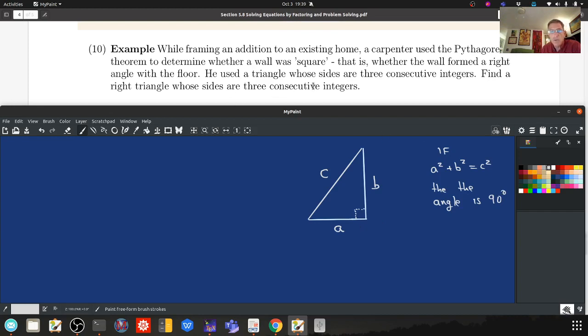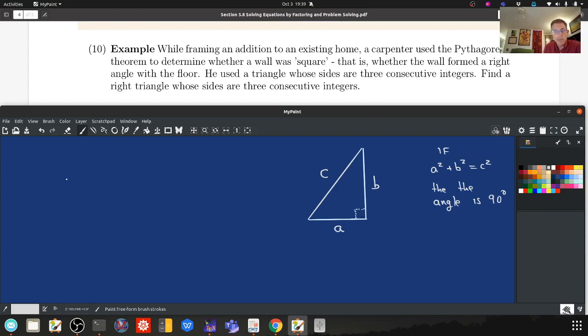So he used a triangle whose sides are 3 consecutive integers. Remember, integers are positive or negative whole numbers plus 0. But in this case, we're only dealing with positive numbers. These are distances, so we don't have negative distances.